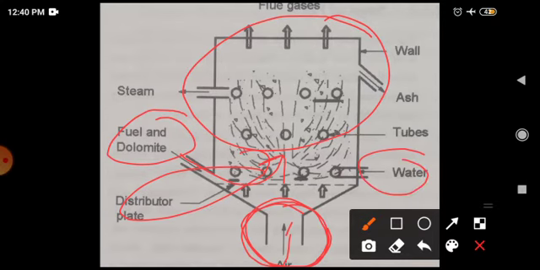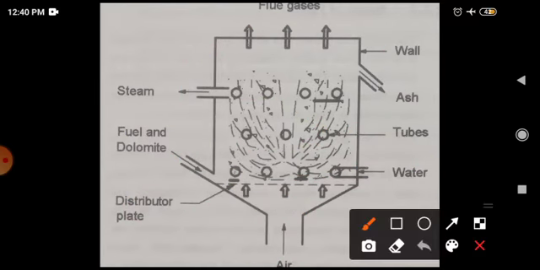Then you have to feed water, to make it steam. In this way the steam will get converted and it will get out of the boiler. You can see tubings over here. All these are tubing and the outlet is there.